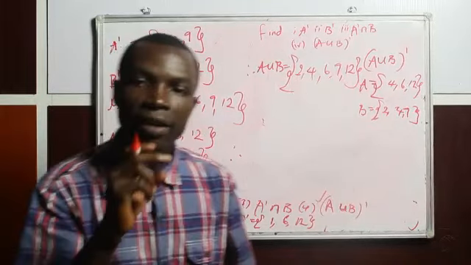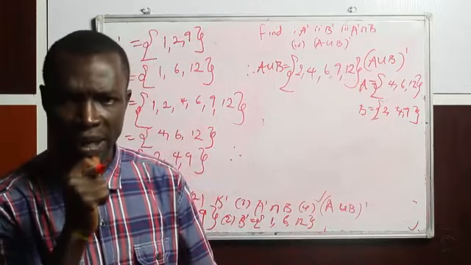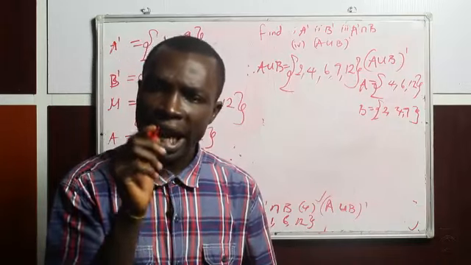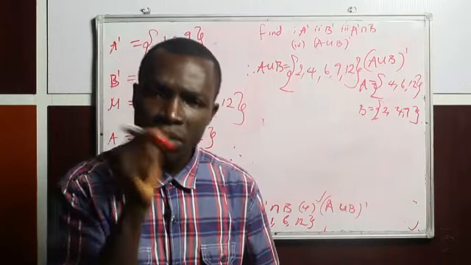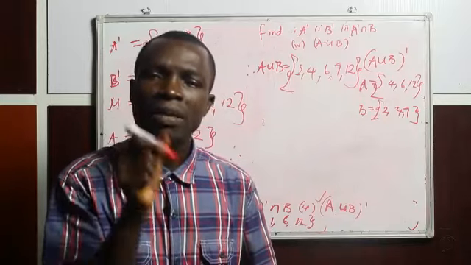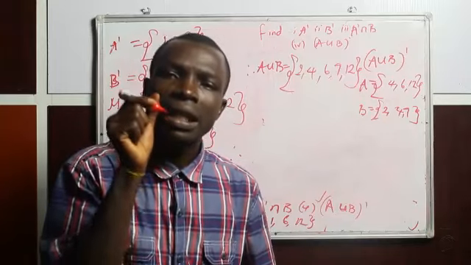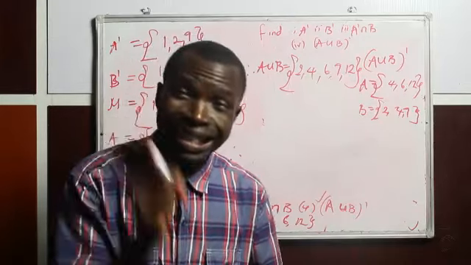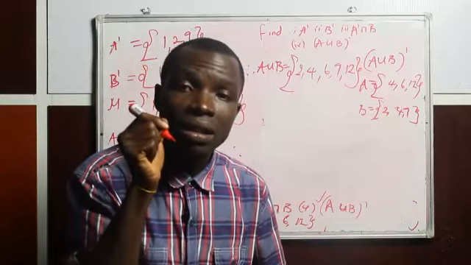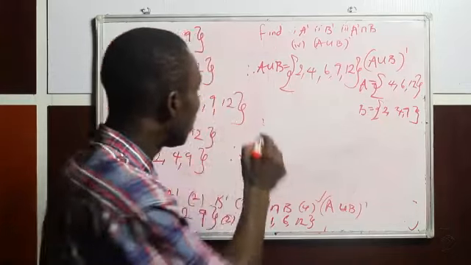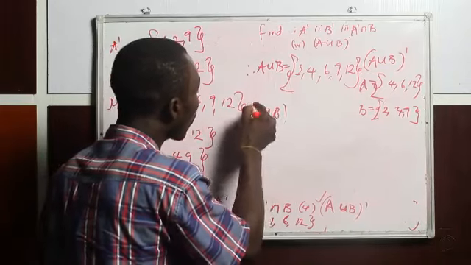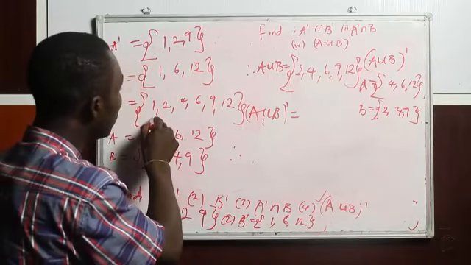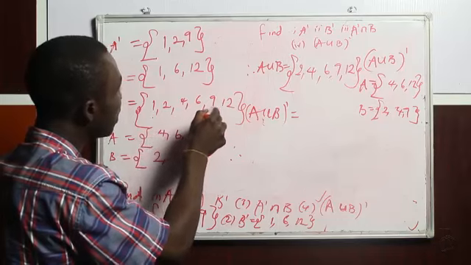But the question is, find A union B complement. It means the total elements in A added with the elements in B, then the elements that are in the universal set but not in A union B. Therefore, A union B complement is equal to, look at our universal set, we have 1, 2, 4, 6, 9, 12.